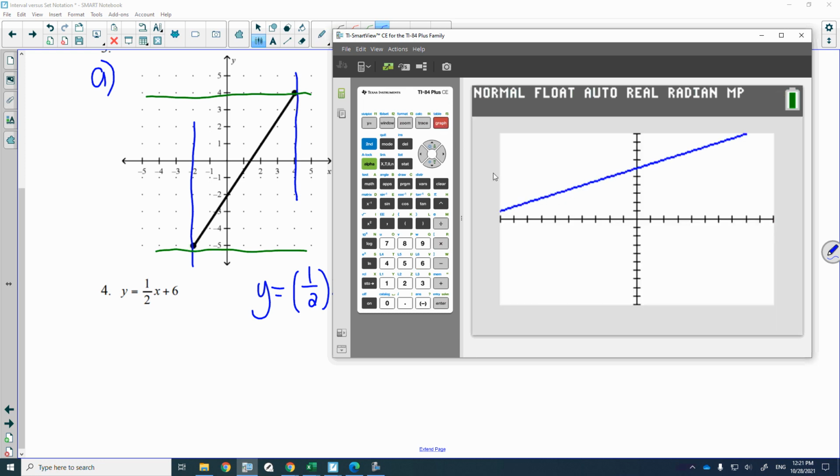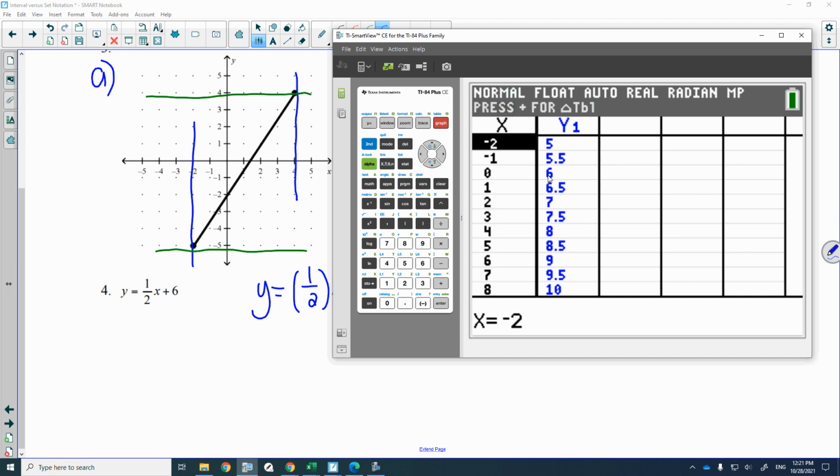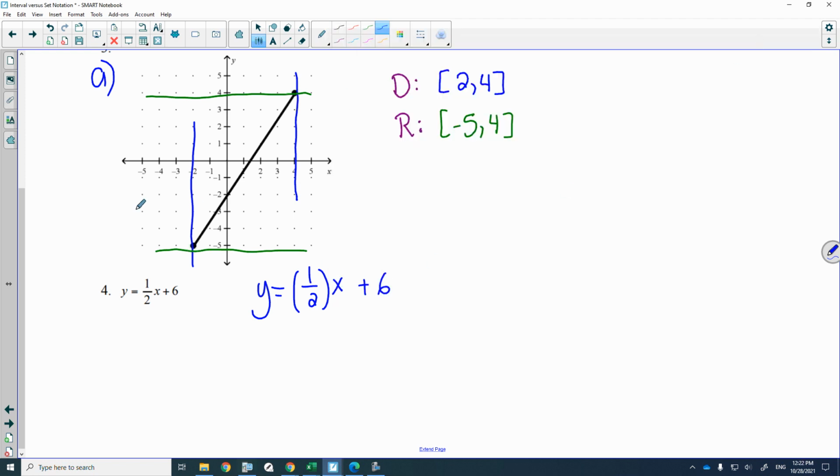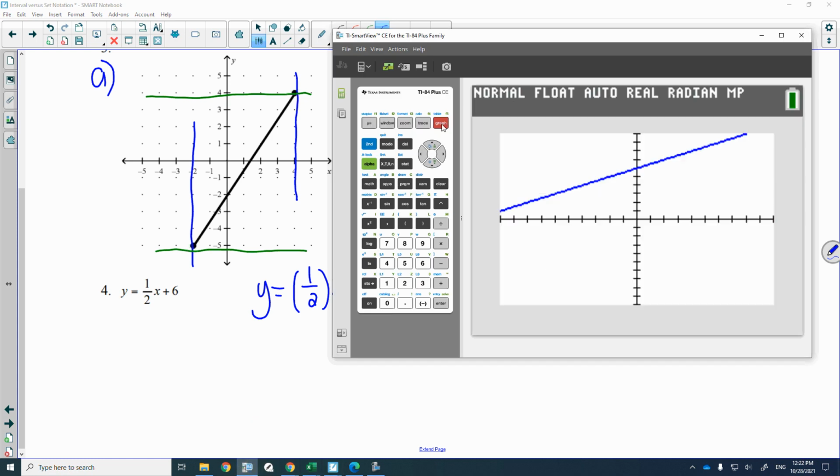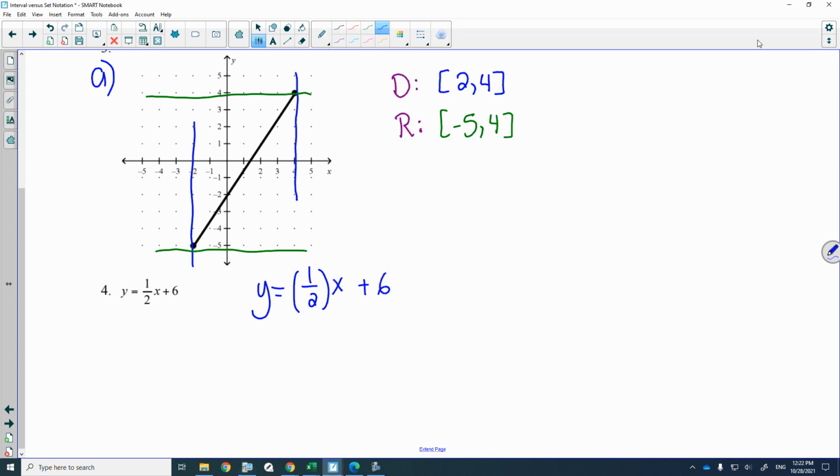Okay, based on this, let's get the y-intercept. So second function table, when x is 0, y is 6. You don't need it though for this, because your domain and range, hopefully you know what it is. Looking at this graph, if I put it on a Cartesian plane, it would be this.